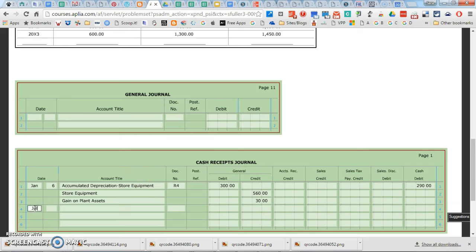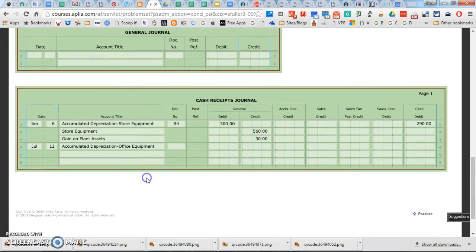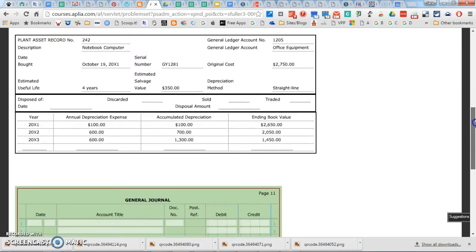So our date is July 12th. And then we're going to have accumulated depreciation again. This time it's going to be office equipment. Document number is R203.